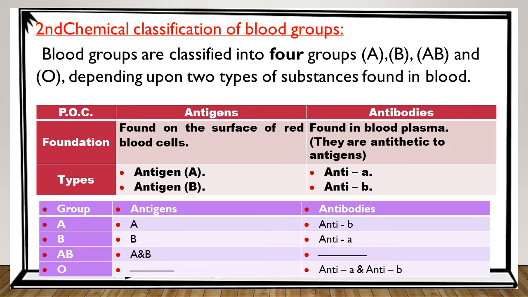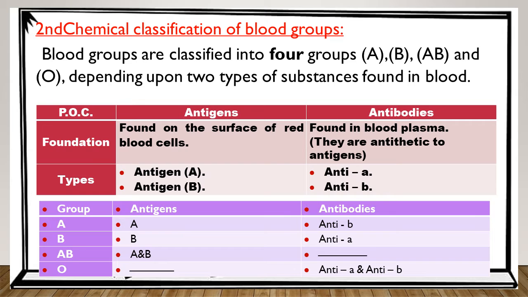The first type is called the antigen, and the second type is called antibodies. What are the antigens? They are chemical substances found on the surface of red blood cells, while the antibodies are substances found in the blood plasma, and they are antithetic to the antigens.